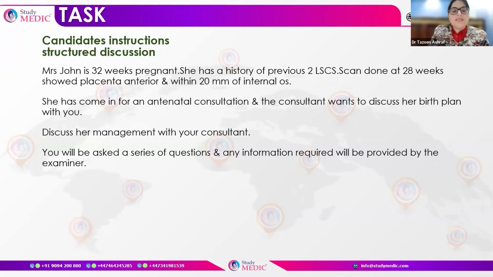For this patient, the optimization of care will start from the antenatal period when she is coming to us. We have to keep in mind that as she is a case of placenta previa, her hemoglobin levels should be optimized, and then it should be discussed with her that we have to go through the regular antenatal care, but we have to consider steroids at 34 to 35 plus 6 weeks of gestation.